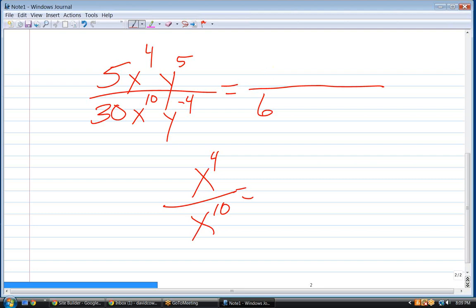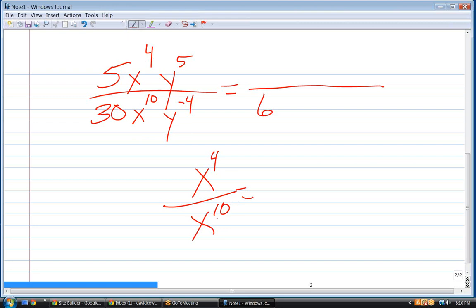In other words, there's only 3 things to do with exponents. If you're multiplying the bases, you add the exponents. If you're dividing the bases, you subtract the exponents. And if you're exponentiating the bases, like this, you multiply the exponents. Between those 3 rules, you can handle every one of these problems.